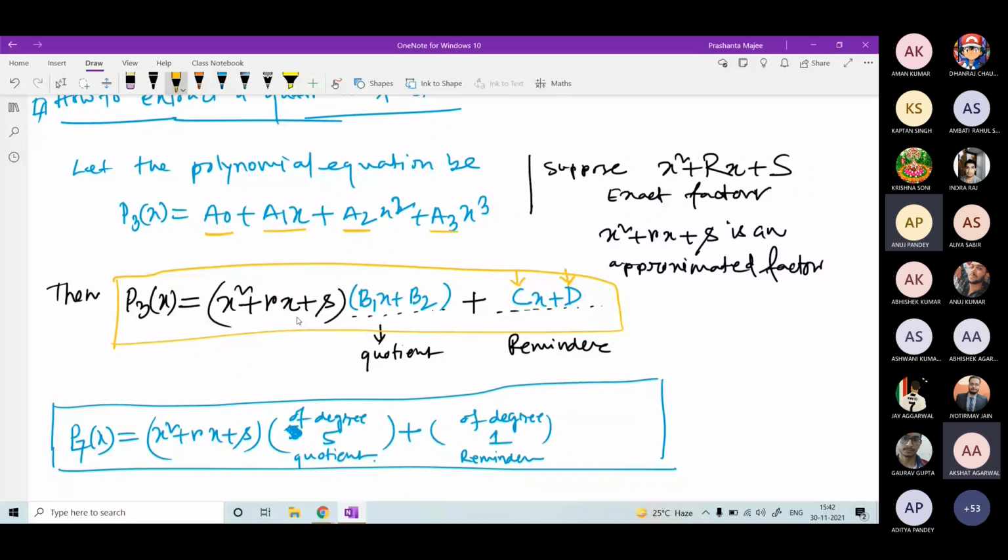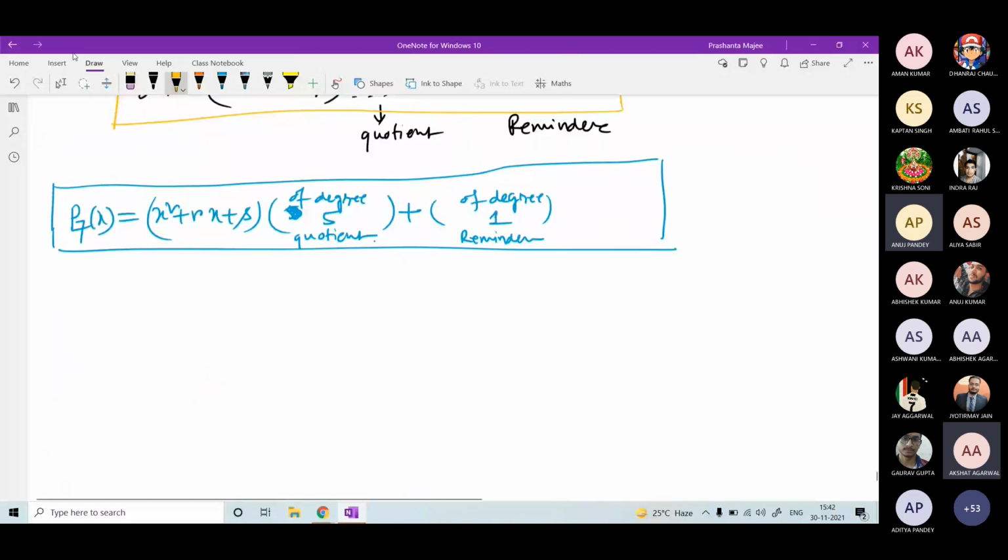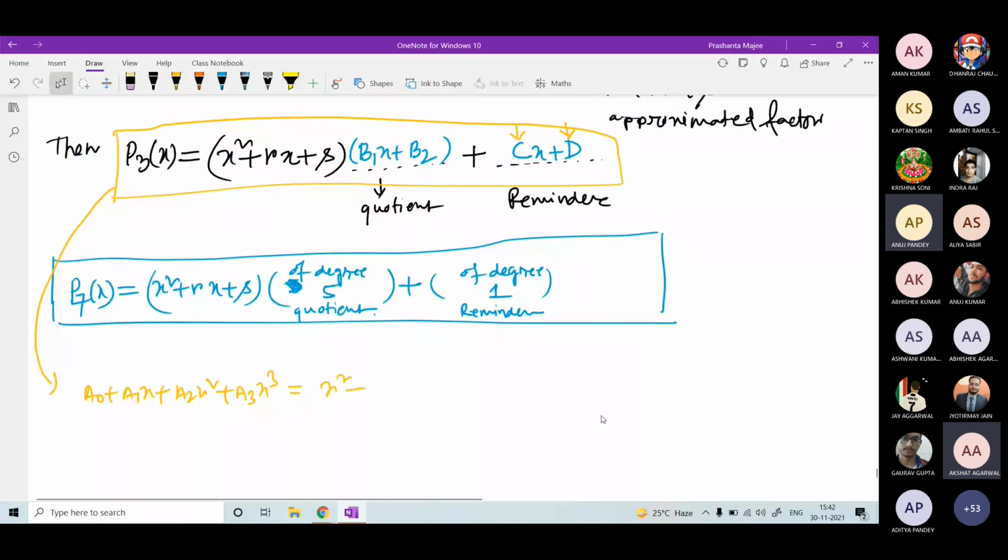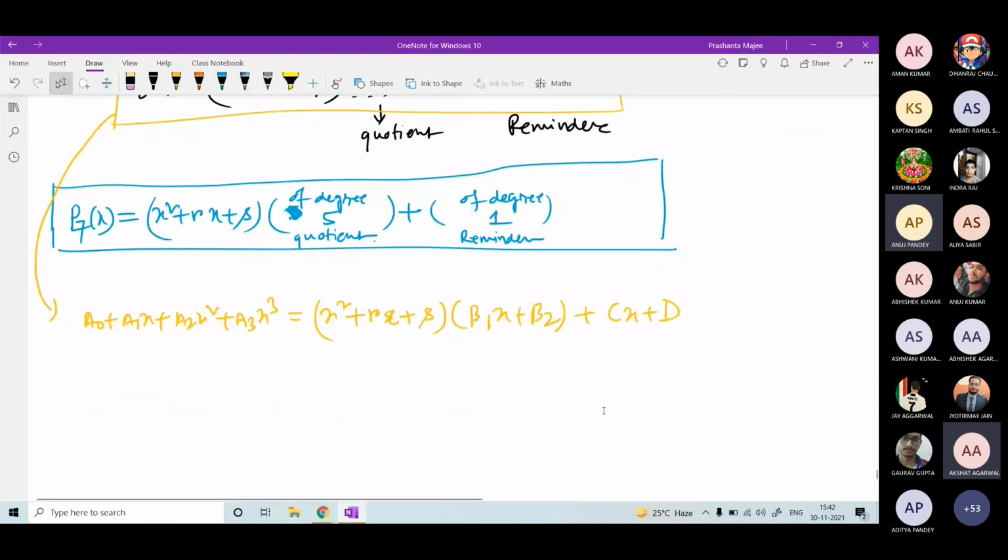So from here we are getting A0 + A1x + A2x² + A3x³ equals (x² + rx + s)(B1x + B2) + Cx + D. So compare both sides and tell me what is C and D. Compare the like powers of x on both sides.